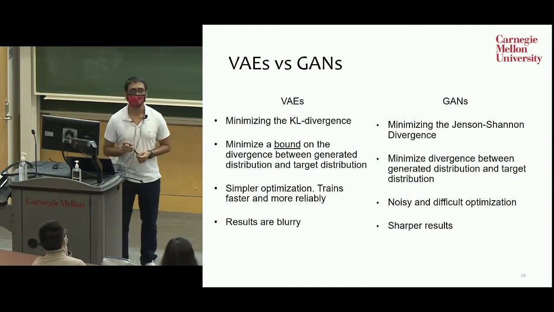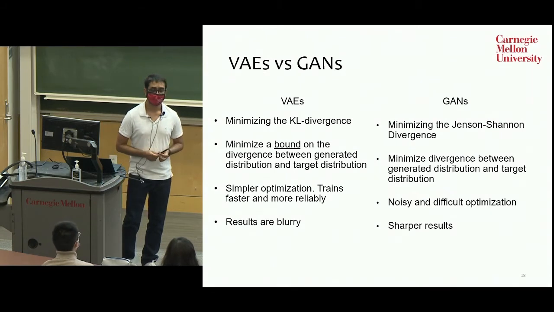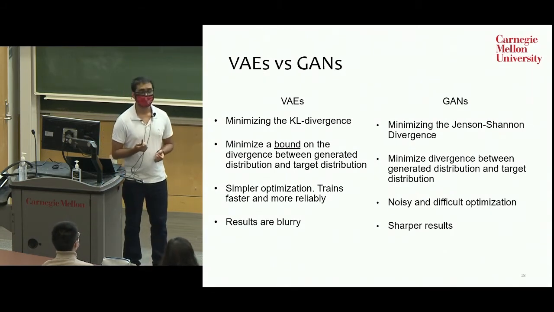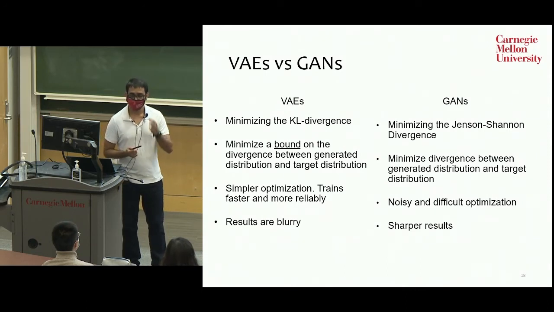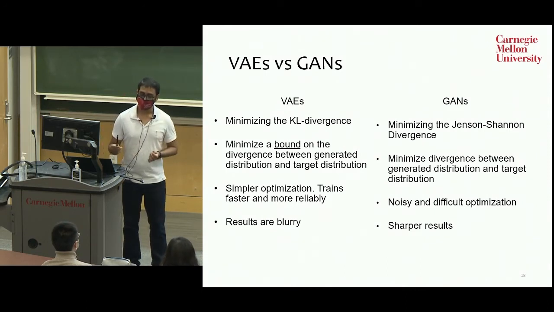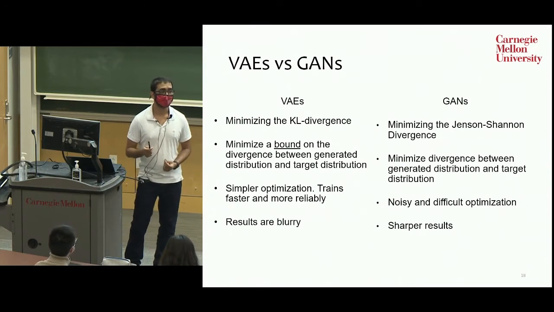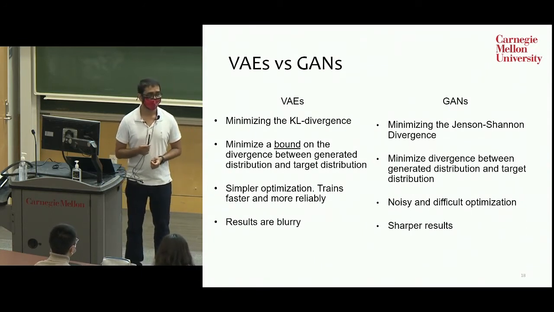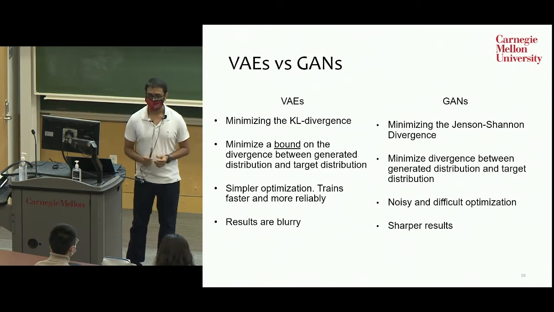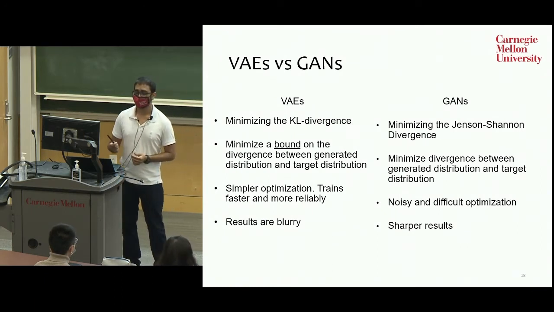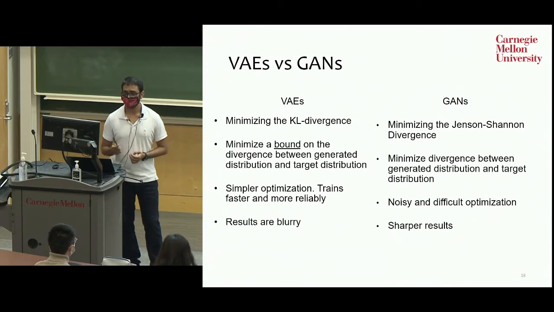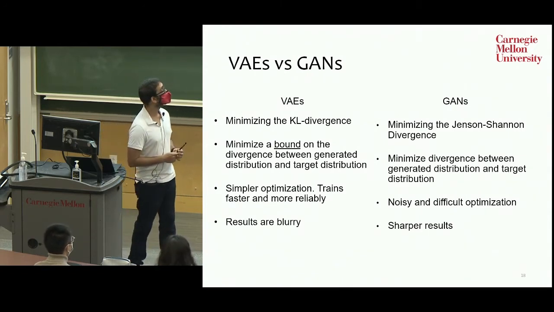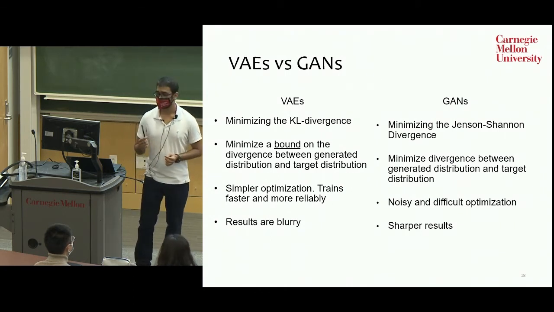But how does a VAE compare to a GAN? In VAEs we are using the KL divergence between the learned distribution and the actual distribution of the data. But in GANs, the loss function is different. It's the Jensen-Shannon divergence, which you'll learn in today's class.